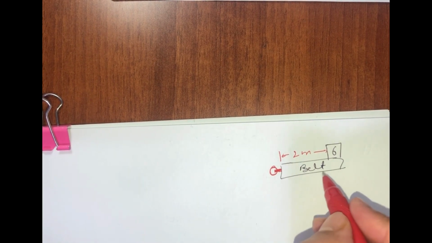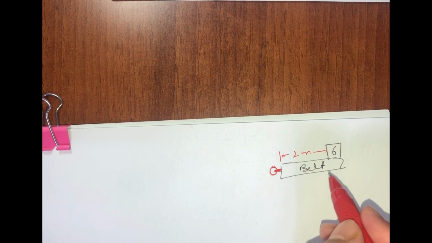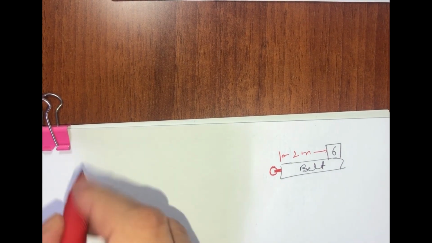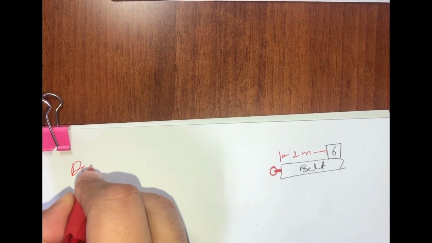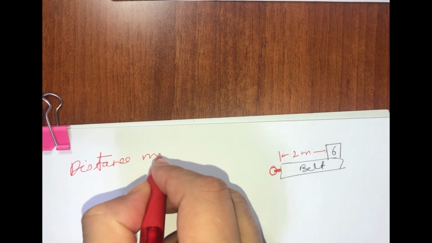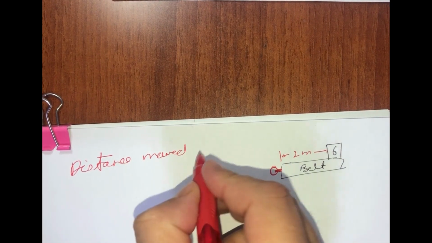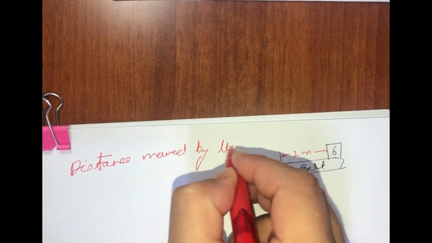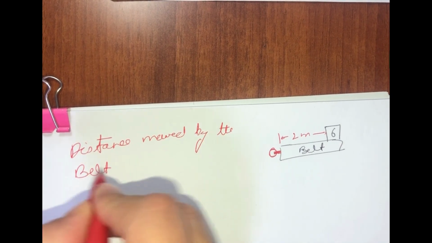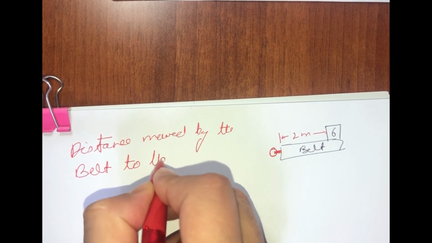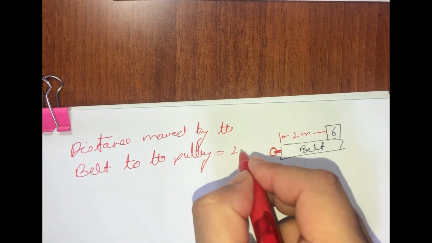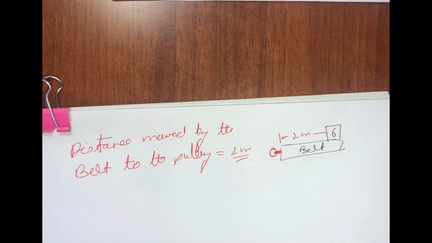From here we can say that the belt has to move a distance of 2 meter towards left. You can say the distance moved by the belt to the pulley is given as 2 meter.